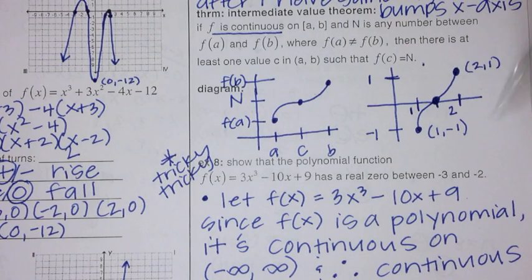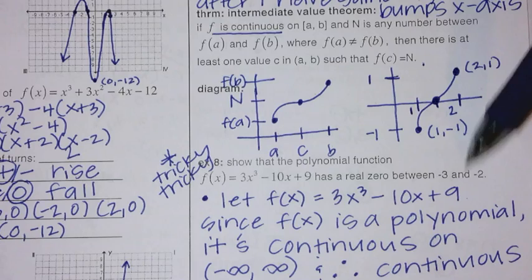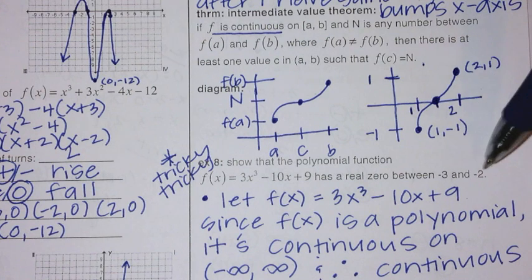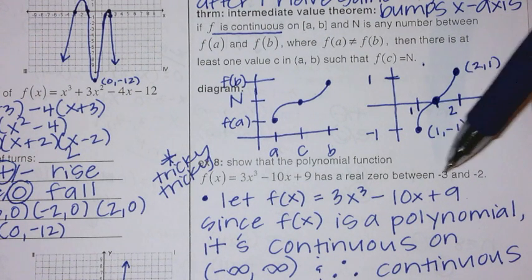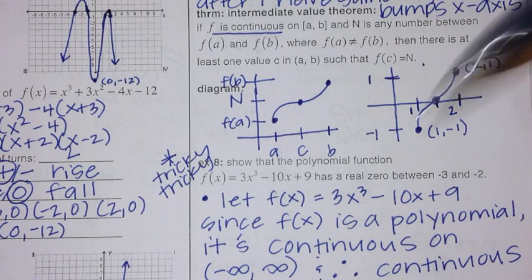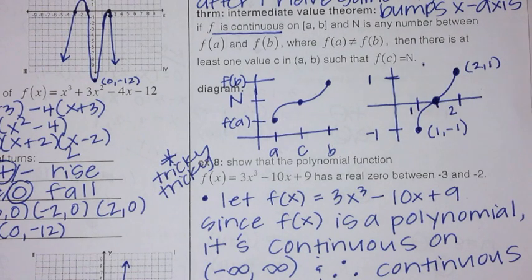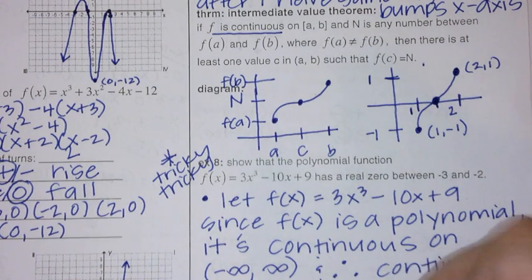So since we're trying to prove that there's an intermediate value between -3 and -2, we have to show that our function is continuous from -3 to -2. Well, since this is a polynomial, it's continuous everywhere, so therefore it's guaranteed to be continuous on that interval as well. Okay, so that little triangle of three dots means therefore in math, just in case you didn't know that.